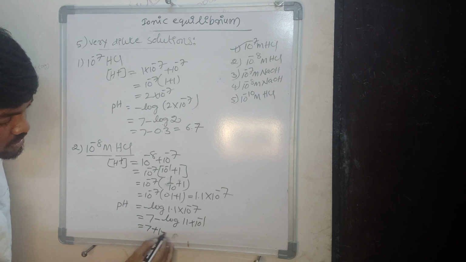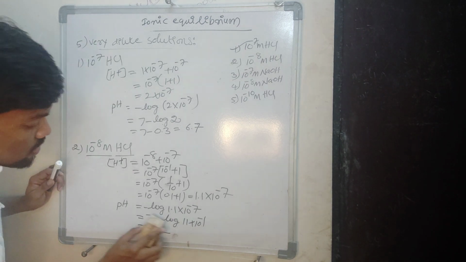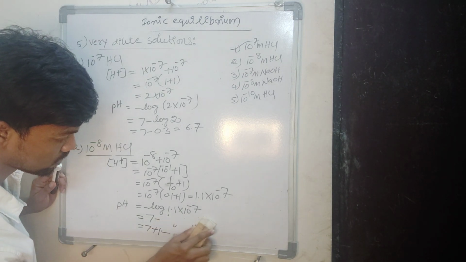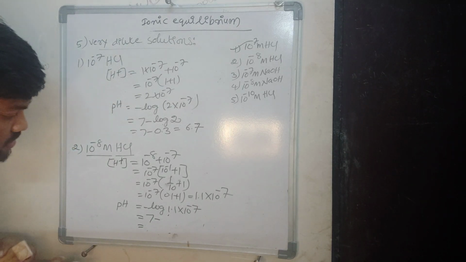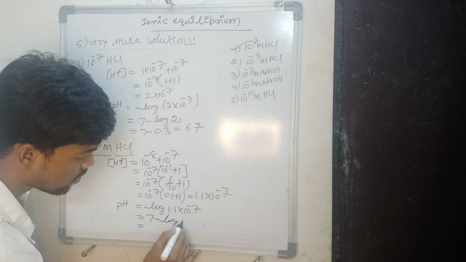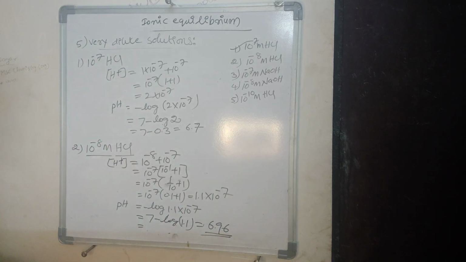Okay, plus 1. Here minus. How much is it? Log 11 means here the value will be in negative form. Minus log 1.1 is almost equal to 6.96. This is the pH for the acidic solution.